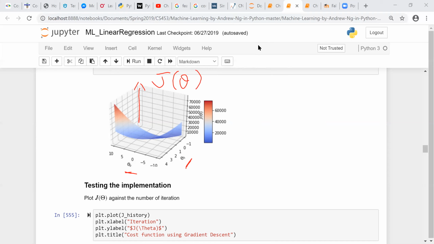So what's your goal? Your goal is to find the bowl's bottom. I don't have a bowl here, but it's like the bowl, and it's the bottom of this bowl shape.